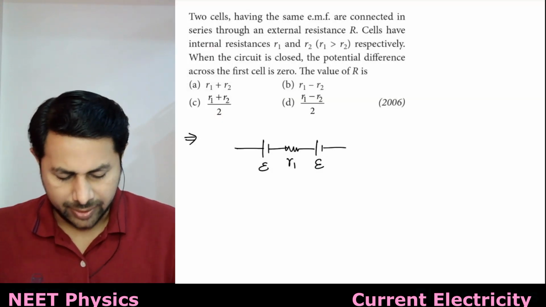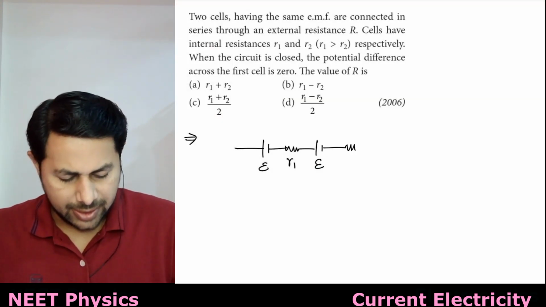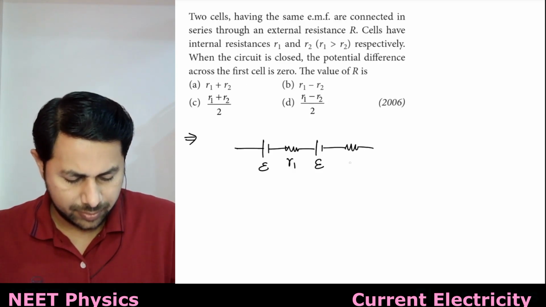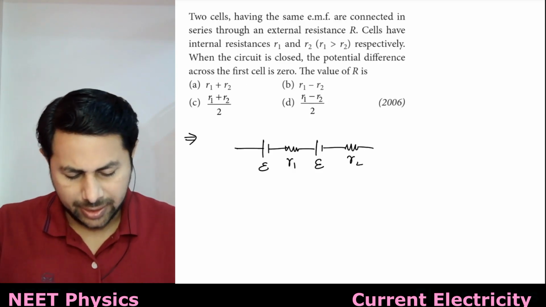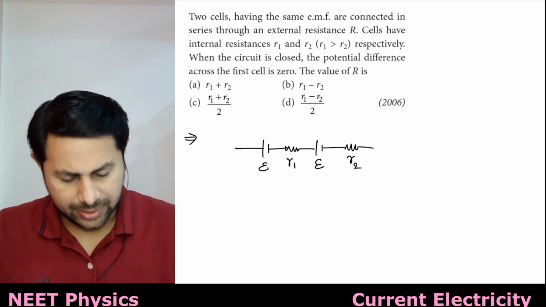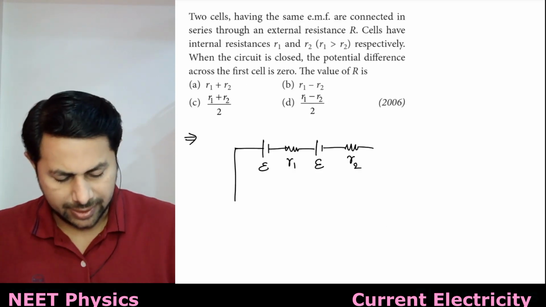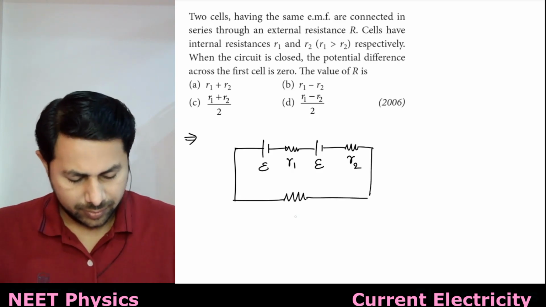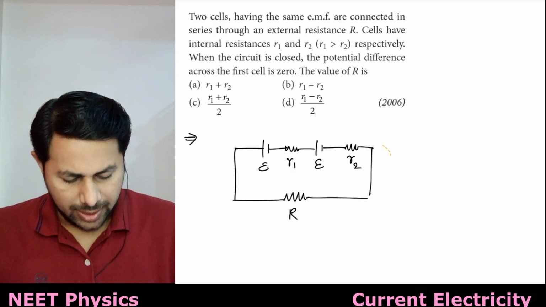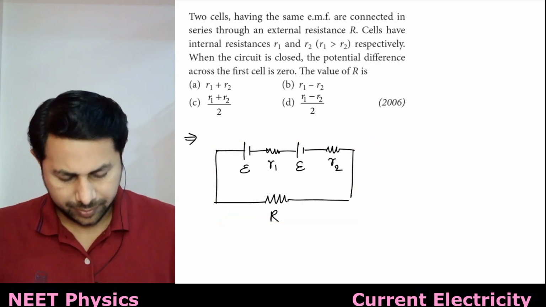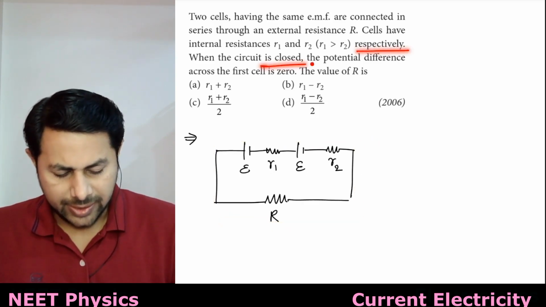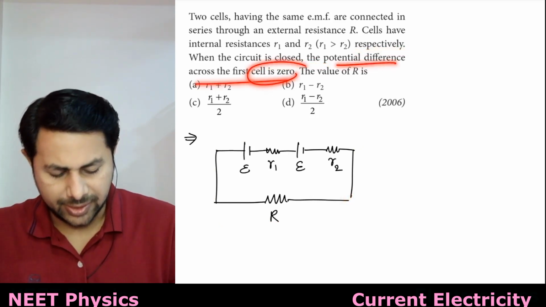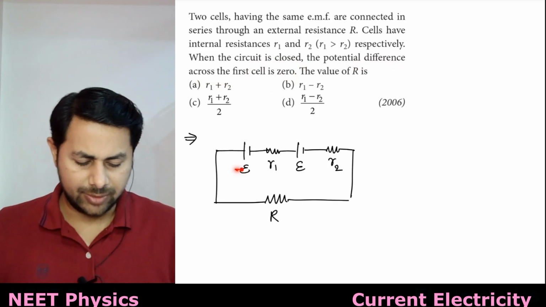EMF is equal, but internal resistances are R1 and R2, and then they are connected to some external resistance capital R, like this. And after that, what's given? Then when circuit is closed, the potential difference across this first cell is 0.